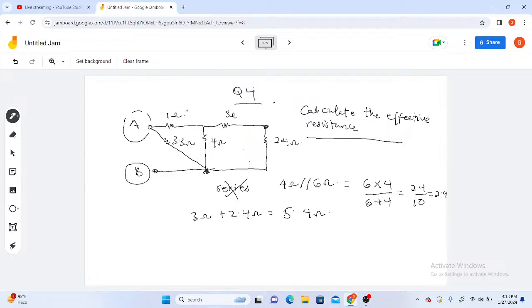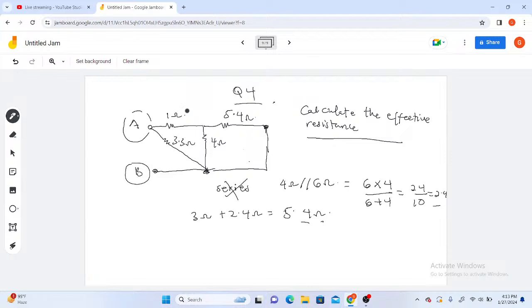So let me take this off and I'll clean this side. I'll close the branch this way. So now this 3 ohm here has already been combined with the 2.4, and the effective resistance here will be 5.4 ohms. That is from this side. So the first part and the second simplification. Now we've read this portion.